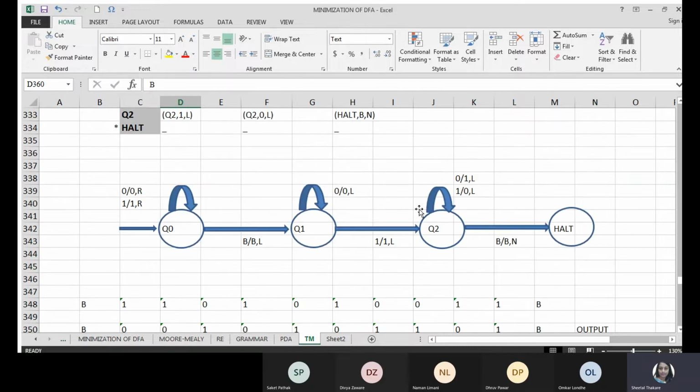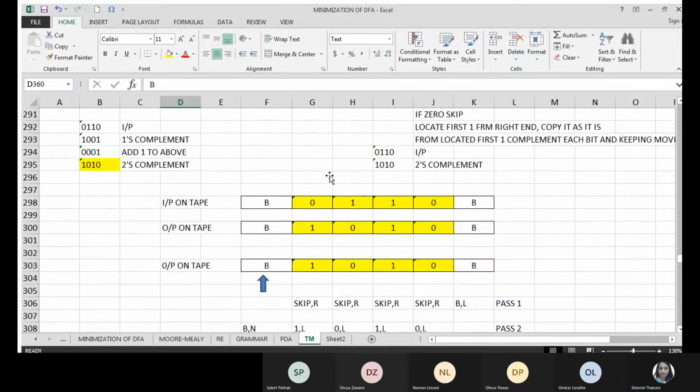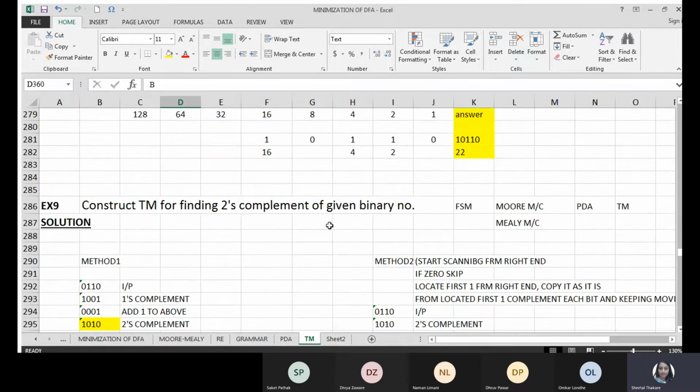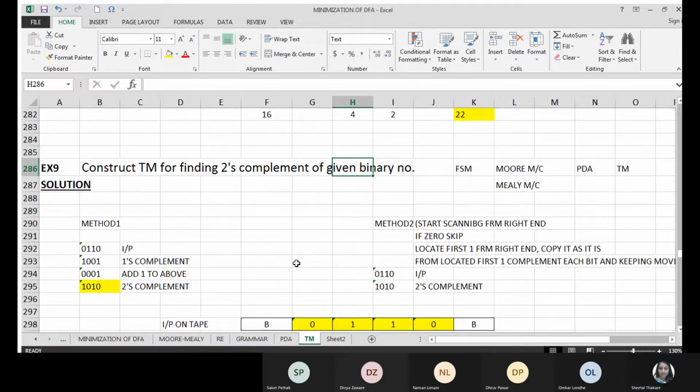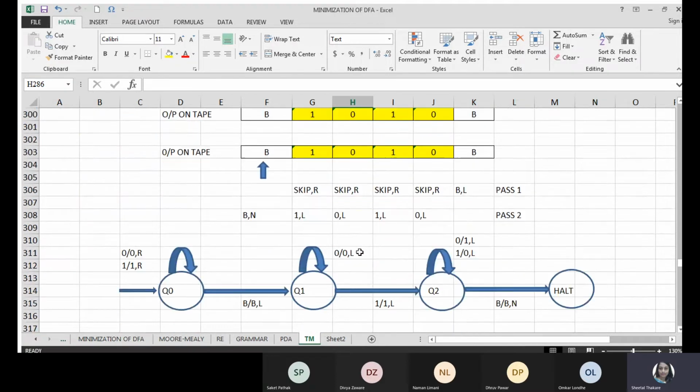If you consider previous example, ninth example, for binary number, summation or sigma or alphabet will have 0 and 1, whereas tape symbols we are using here are also same.